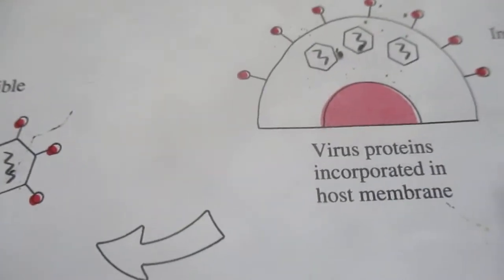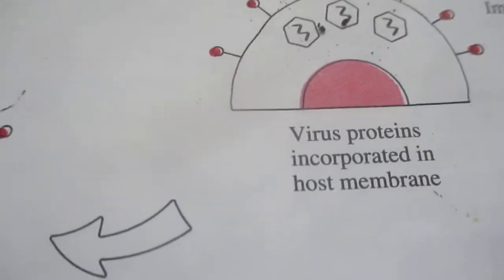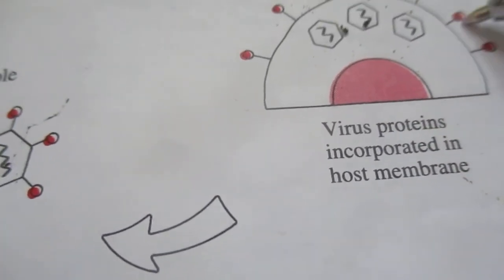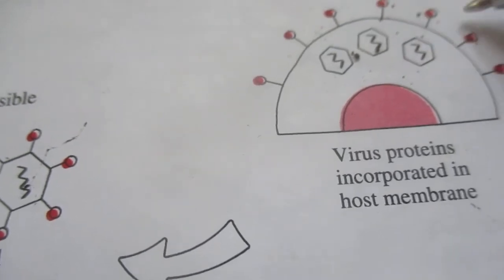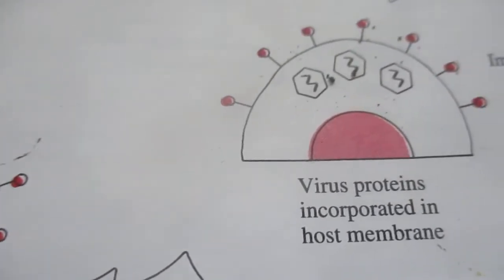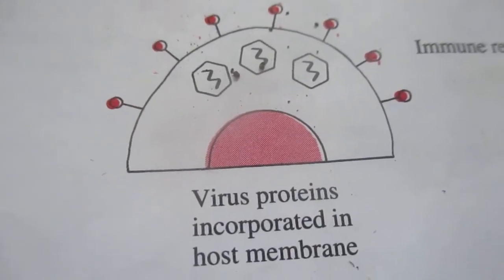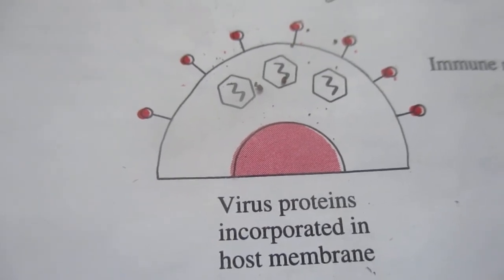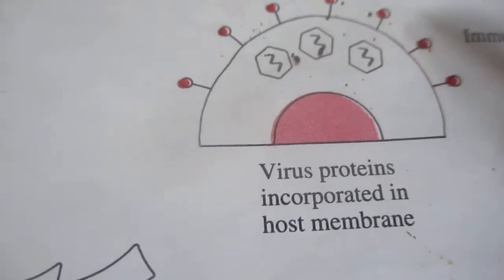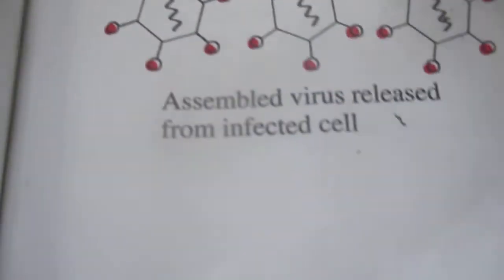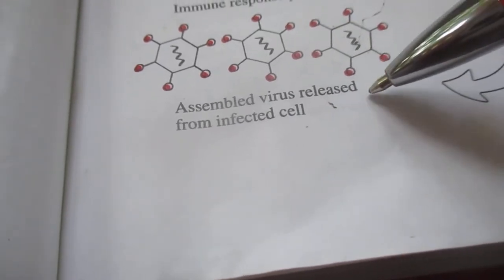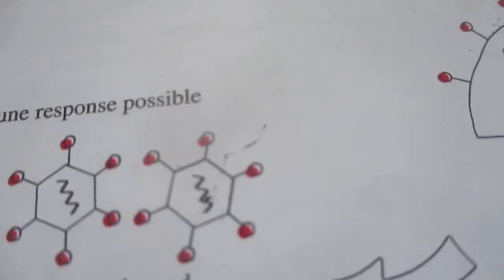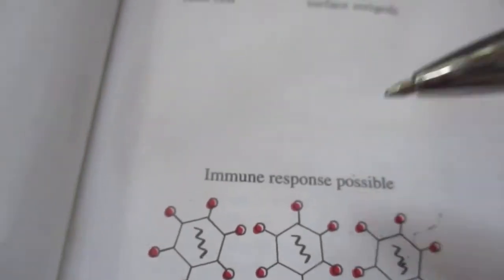Then we go down. Once it's inside the infected cell, these are the virus particles on the outside of the cell. Then an immune response is possible. Virus proteins incorporated in host membrane. And then we have an immune response possible, where assembled virus is released from the infected cell, and then you have immune response possible once again.